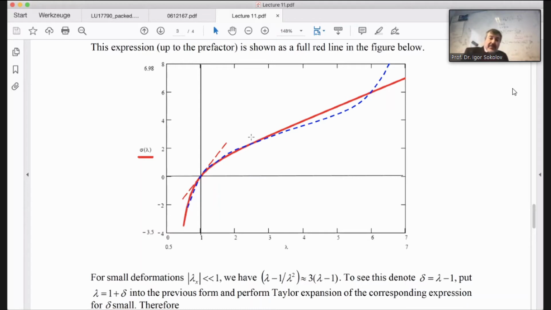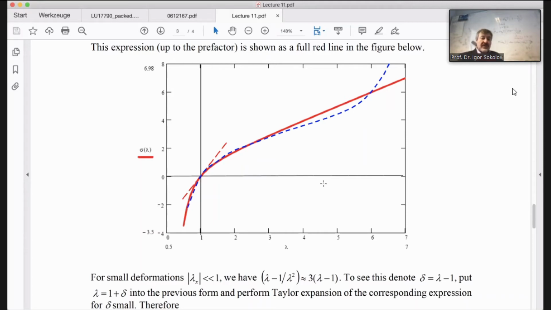So if you compare it with experimental curves, what I have drawn here with the dashed blue line, this is not an experimental curve. This is something which I have drawn by hand. But what I wanted to tell is that for small and up to moderate elongations, the theory works wonderfully.